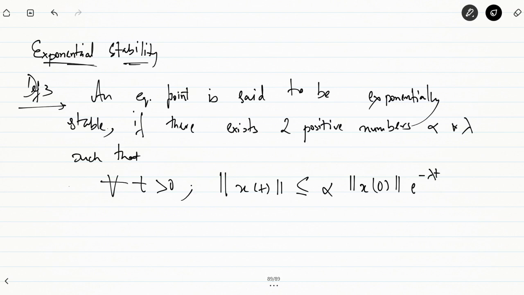So it will imply that the states of the system will be exponentially varying functions governed by those two positive numbers, alpha and lambda. Again, extending a rule here, exponential stability will always imply that the system is asymptotically stable.